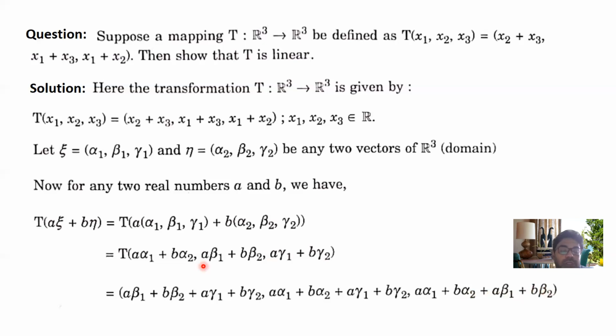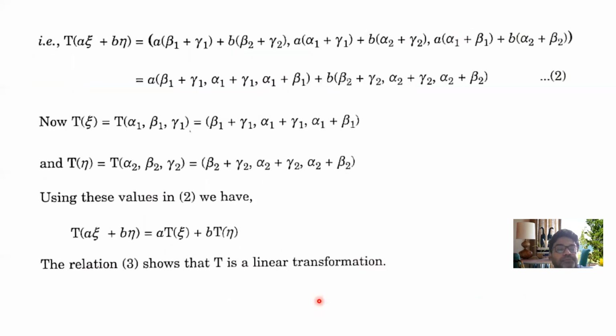So ultimately, when you substitute the coordinates in this form, then the transform gives us this. Now we separate this: (a beta 1 plus gamma 1 plus b beta 2 plus gamma 2), (a alpha 1 plus gamma 1 plus b alpha 2 plus gamma 2), (a alpha 1 plus beta 1 plus b alpha 2 plus beta 2).